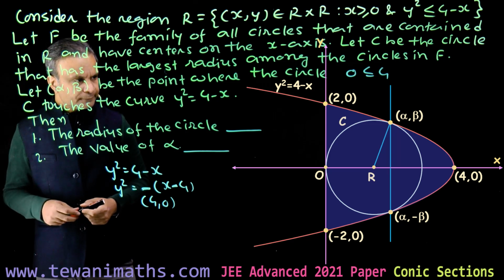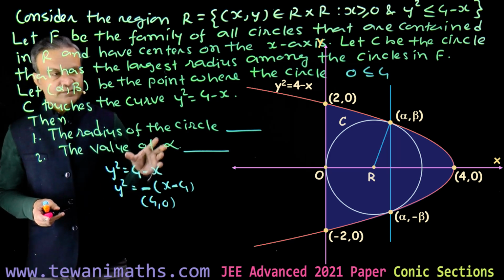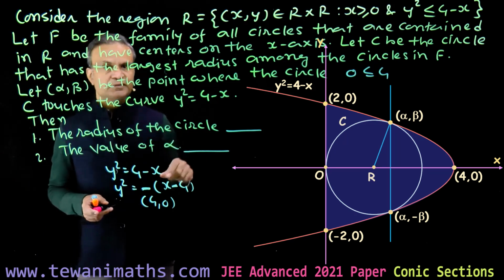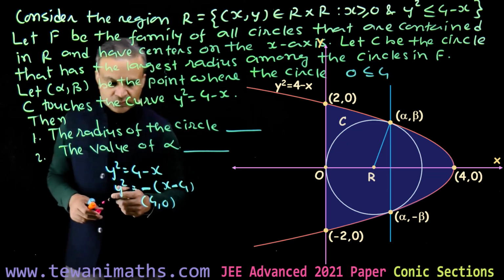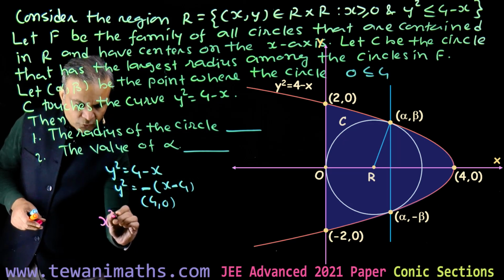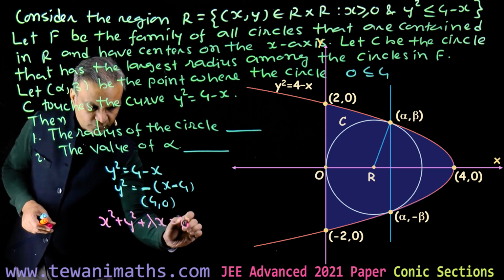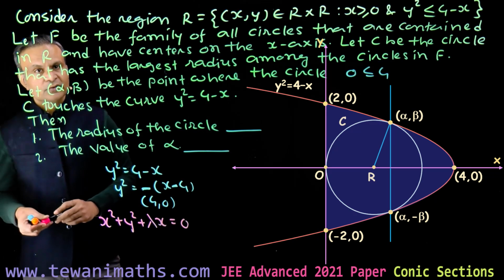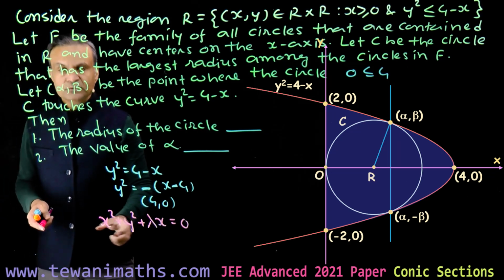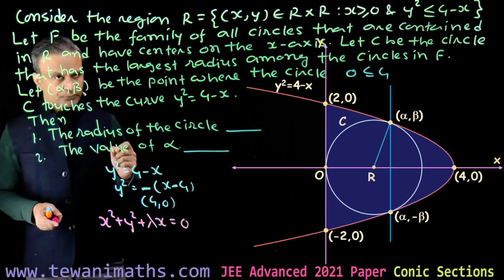How will we find the equation? Now clearly the circle is passing through the origin having center on the x-axis. So its equation will be of the form x square plus y square plus lambda x equal to 0. Here the constant in the equation is 0 because the circle passes through the origin.